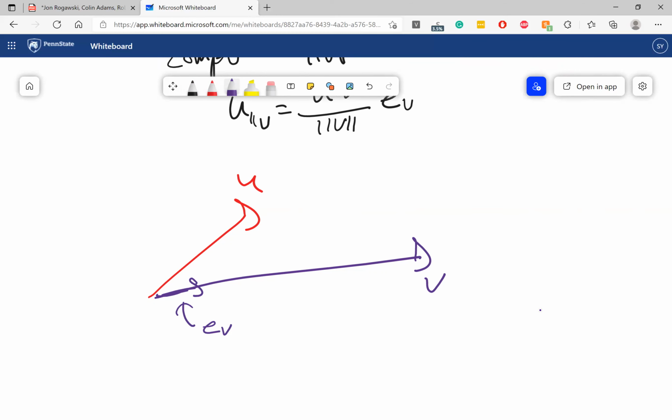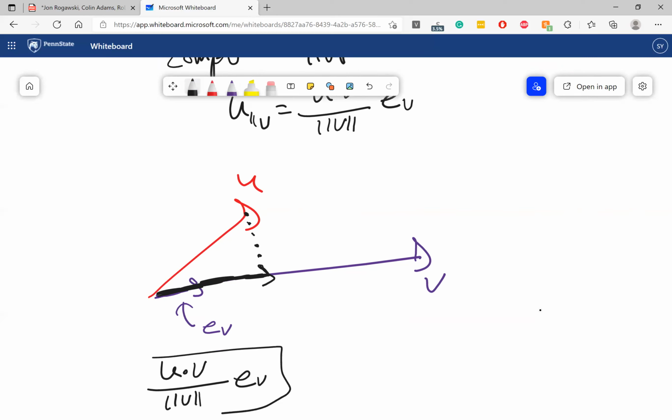It's the unit vector in the direction of V. But then I want to multiply that by some length, and that length is this length over here, so that I find this vector right here. And that's the projection of U onto V. And that will be, well, we know what that length is, U dotted with V over the magnitude of V, and then times your unit vector.